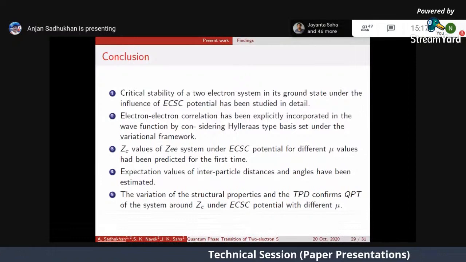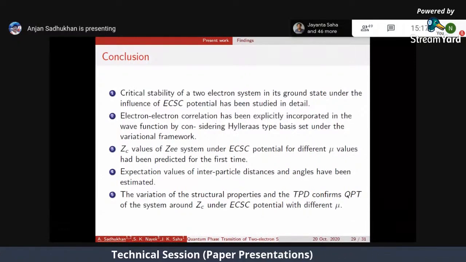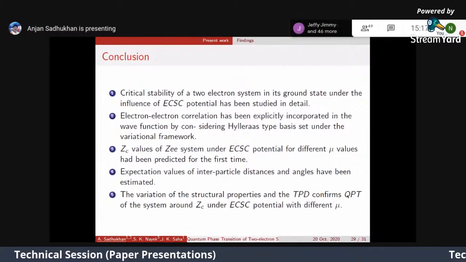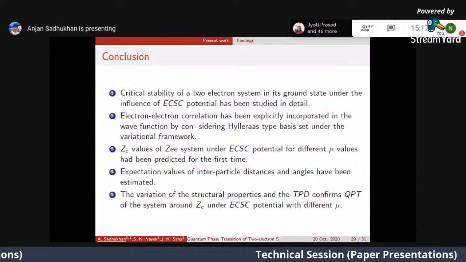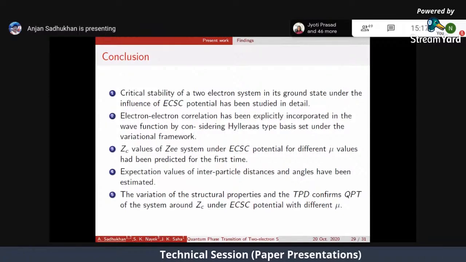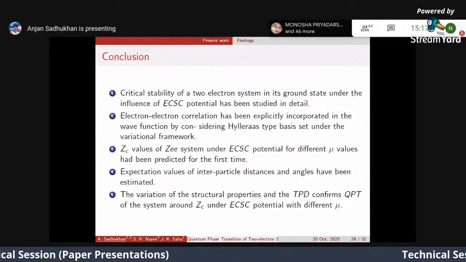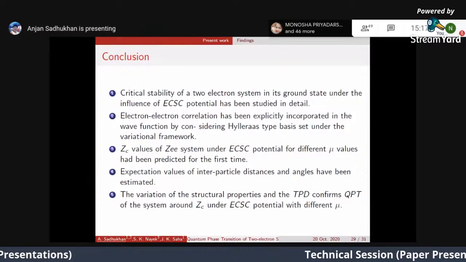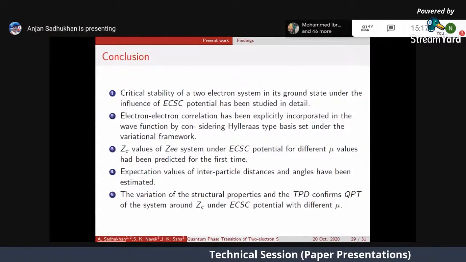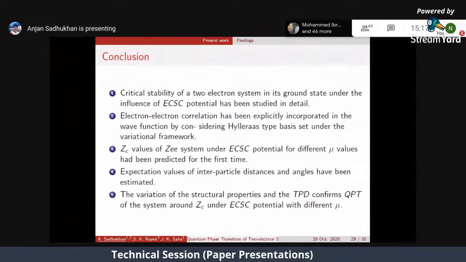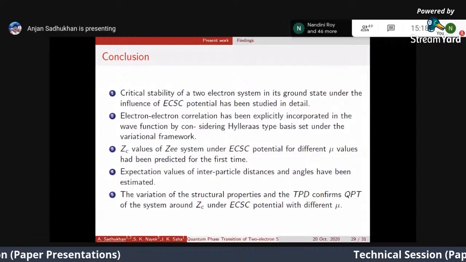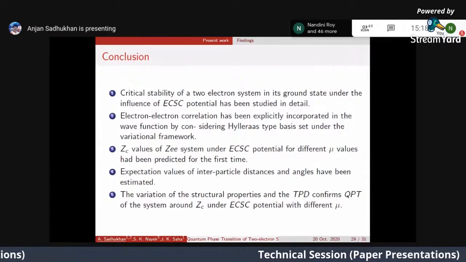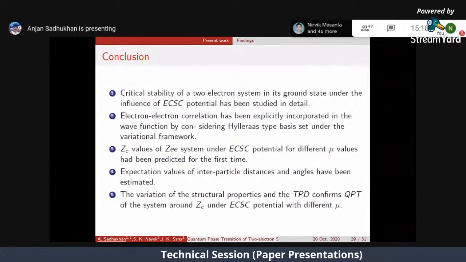The zc values of this system, that means the two electron system under ECSC potential, have been predicted for the first time in this paper, and the expectation values of interparticle distances and angles have also been estimated for different mu values. For brevity, I have shown you only a few of the results, but we have calculated these for different mu values, and the basic features of all these figures remain the same if we change the mu value.